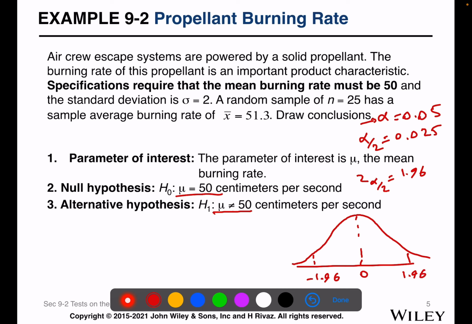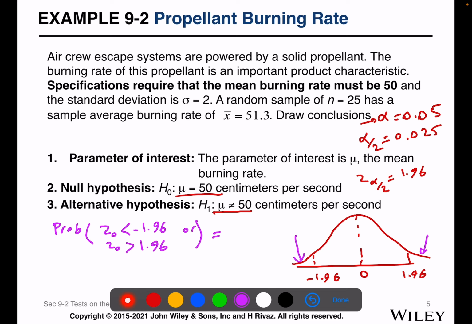We say the probability of x bar being here or being here by chance is, so probability of Z0 being less than minus 1.96 or Z0 being more than 1.96 is, what's this probability?